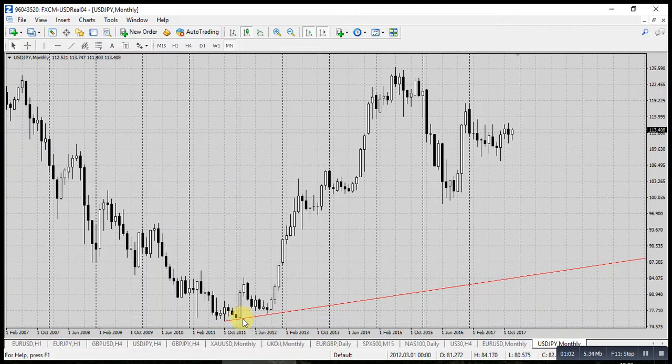So this trend is not actually going to be tested in, let's say, 3-5 years, so we don't need to draw this line.